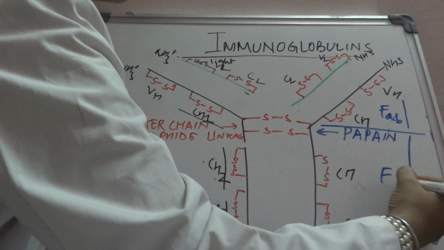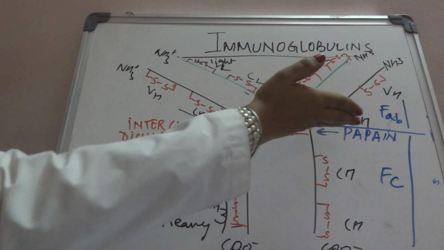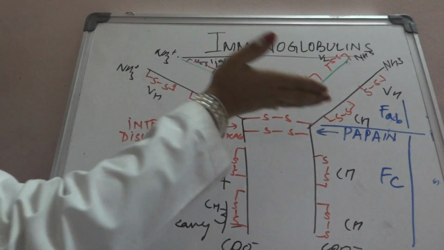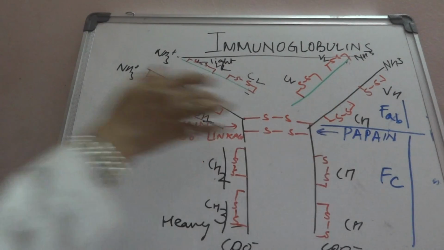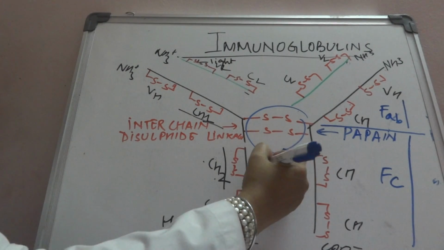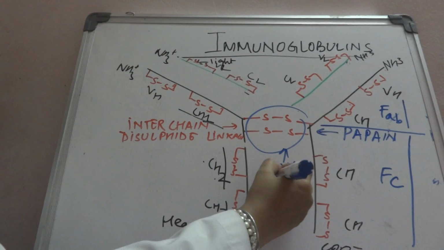The lower one is called fragment crystallizable. It cuts the disulfide linkages, separating constant H1 from constant H2 and H3. This is called the hinge region.